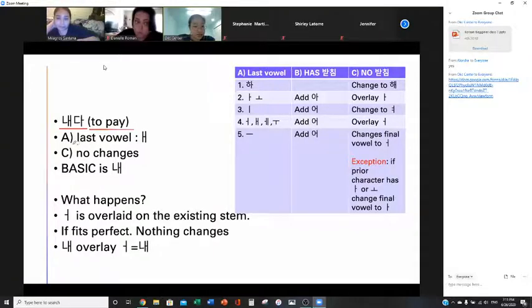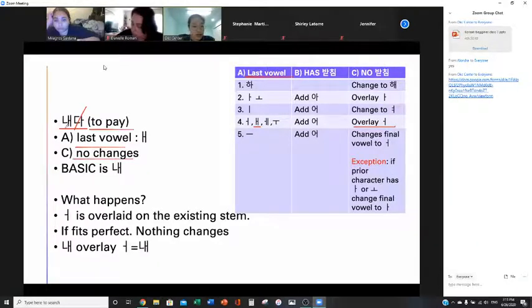The other example on number 4 is 내다, to pay. Remember that you remove the da, and then the last vowel right here is a. Then look at the chart here. The last vowel is a, and then see if it has a pachim or not. This one doesn't have pachim, so therefore you go to step C, overlay a.